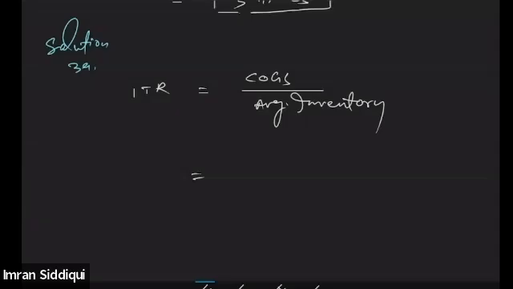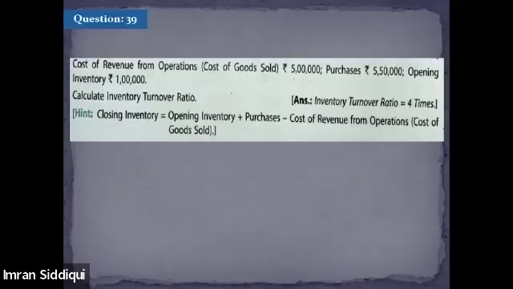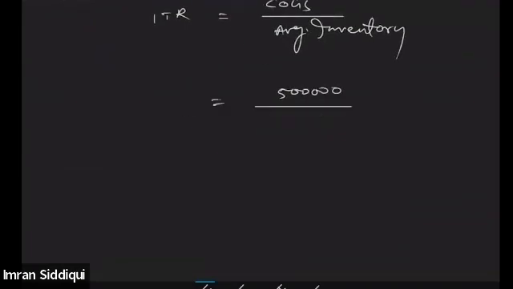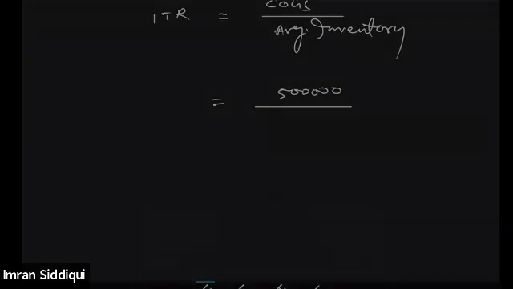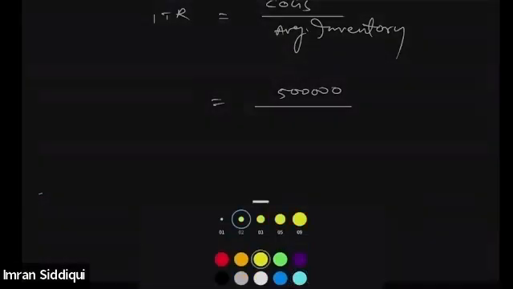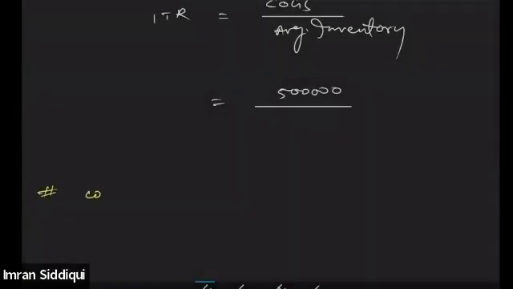COGS is given in the question as 5 lakhs. Then the opening inventory is given, 1 lakh, and purchases are given. But the average inventory is not given in the question. We need to figure out the value of the average inventory. How can we do that? See, we have a formula, if you remember. Cost of goods sold equals to, you remember the formula?